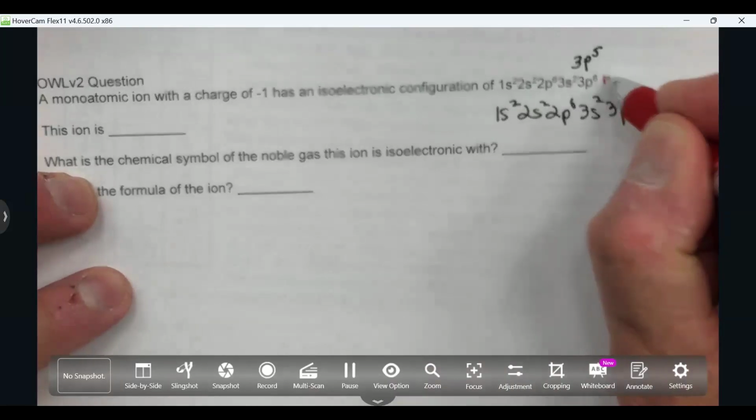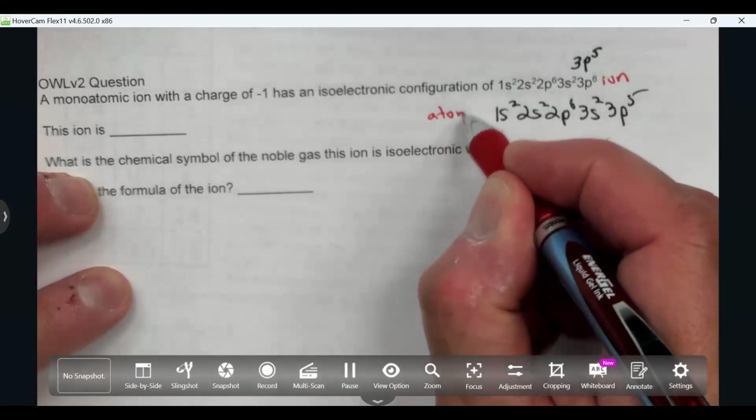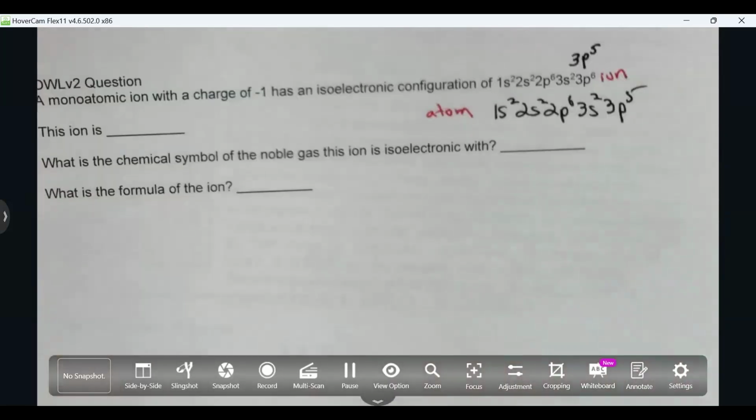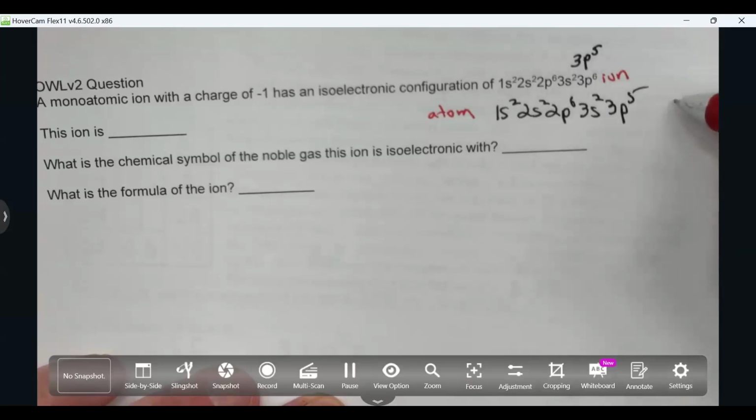Again, this is the ion. This is the atom. What do we got? 17 electrons. 17 electrons is Cl0, right?